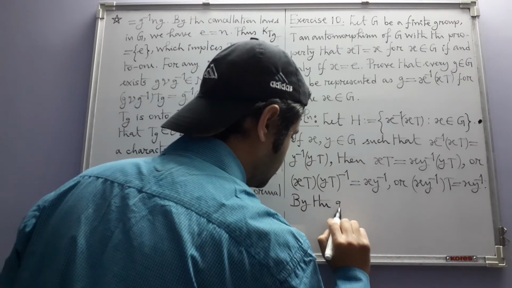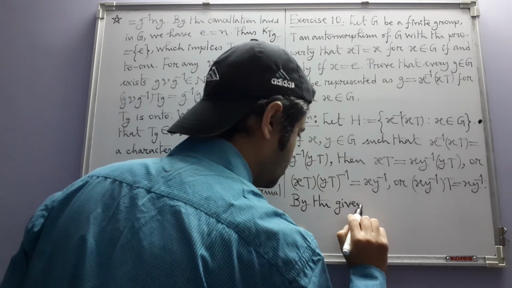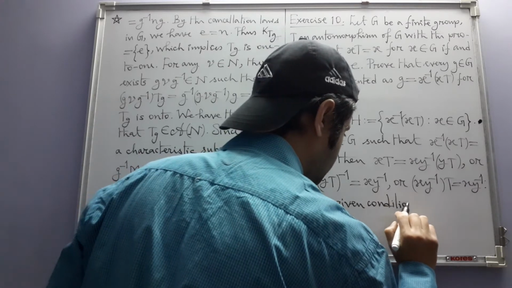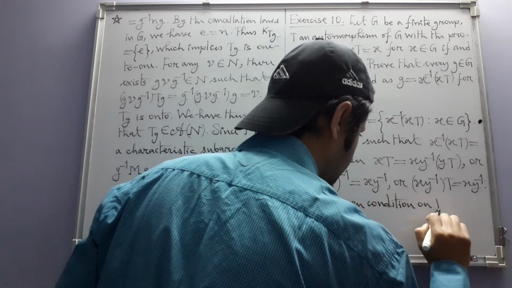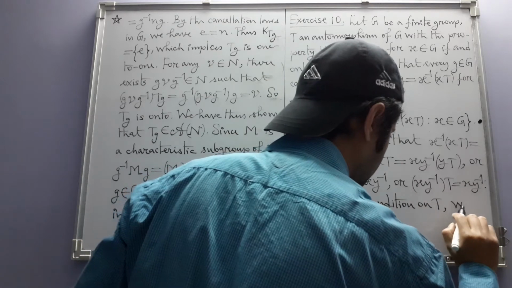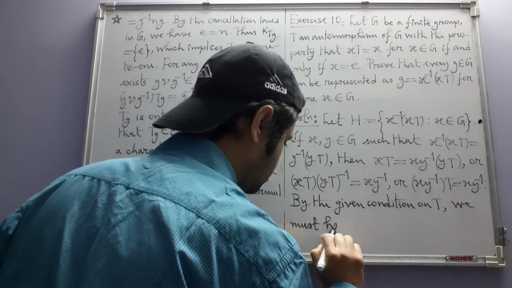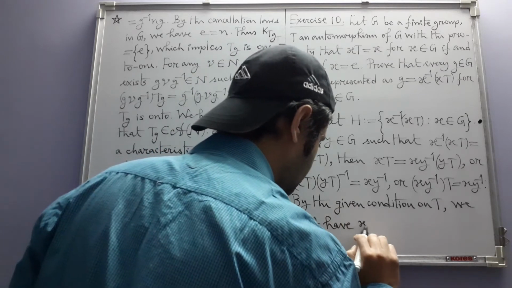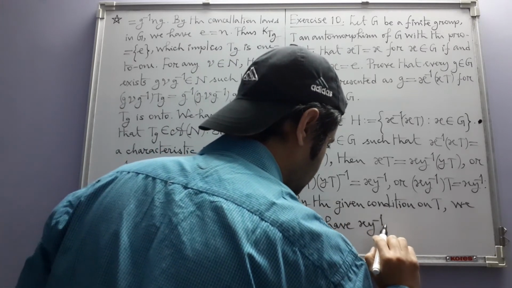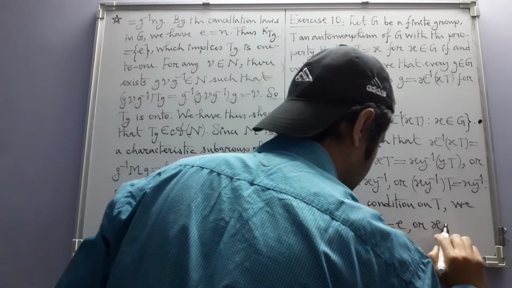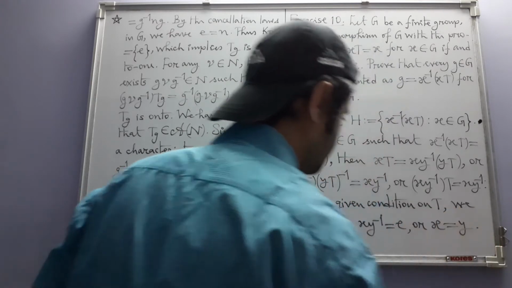By the given condition on T, we must have this, or x equal to y.